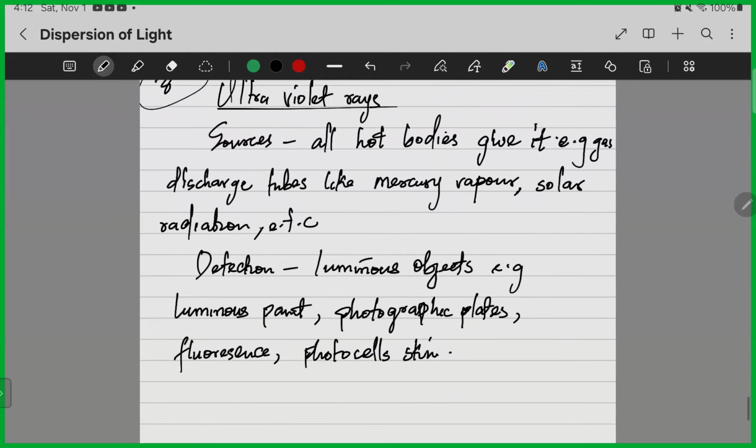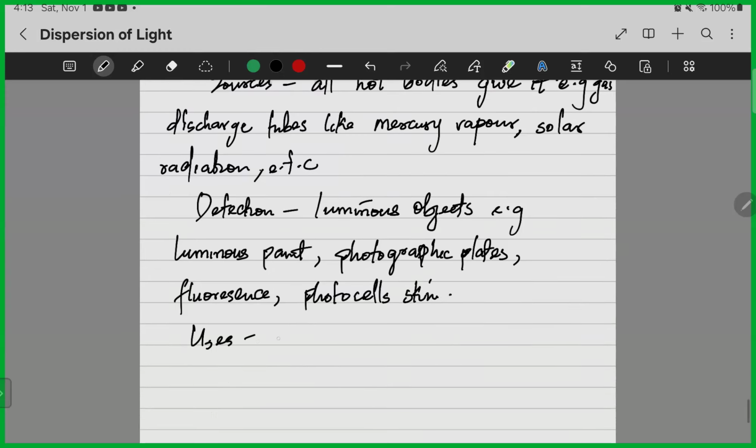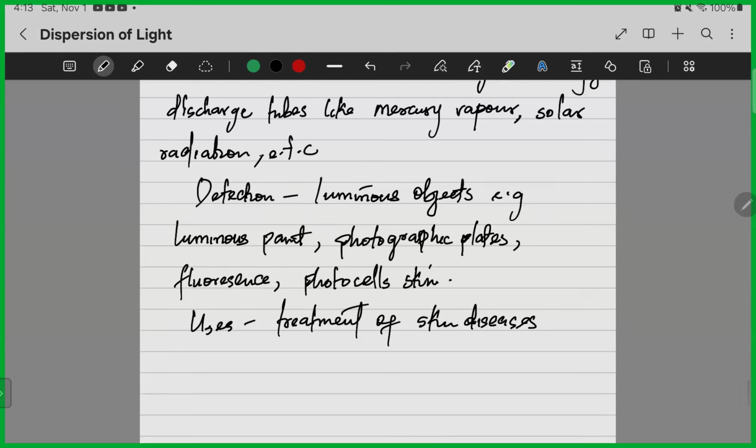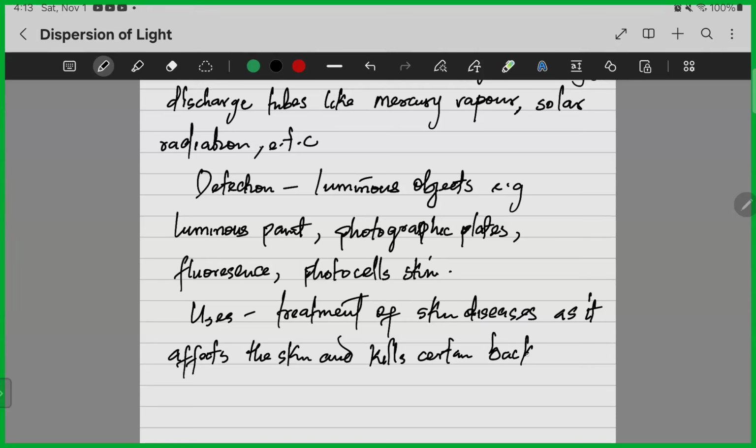So the use is rather used for treatment of skin disease, as it affects the skin and kills certain bacteria.